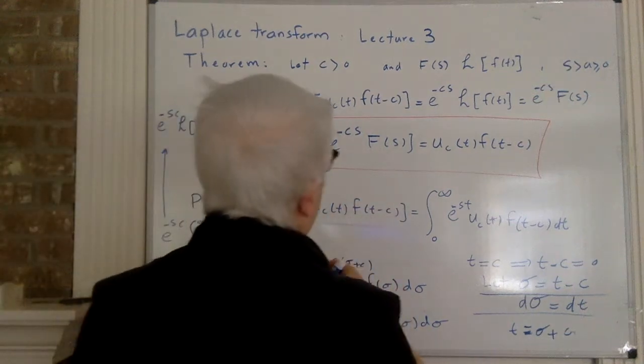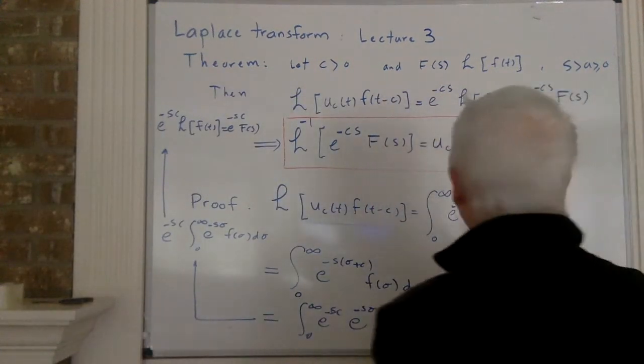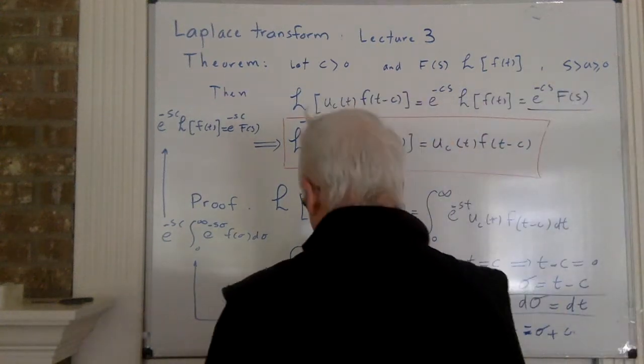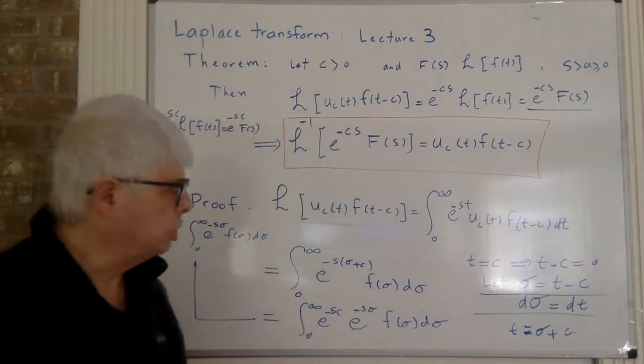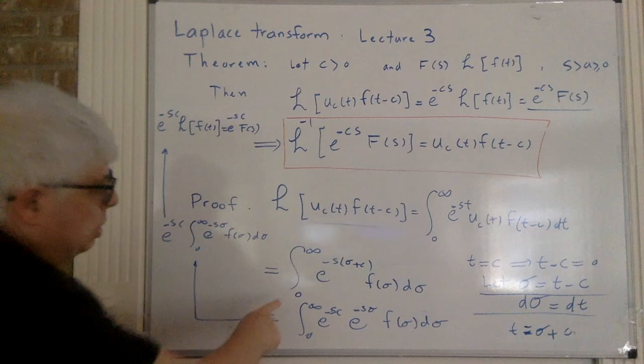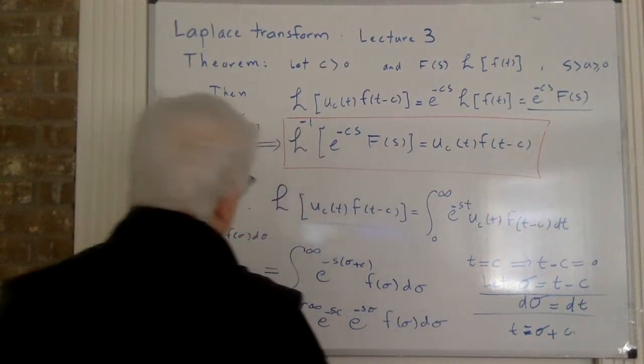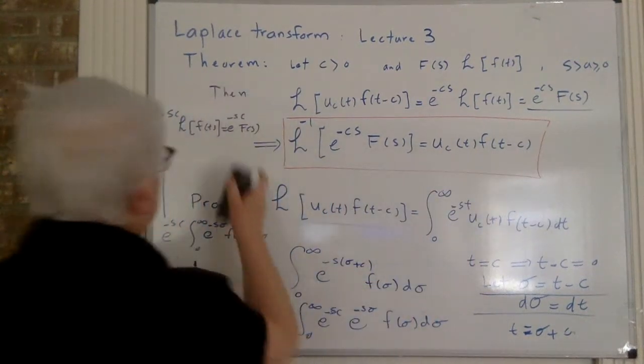And that's what we have here. So it's simply a change of variable, and the change of variable changes the limits of integration, and that's it. That's a simple change.